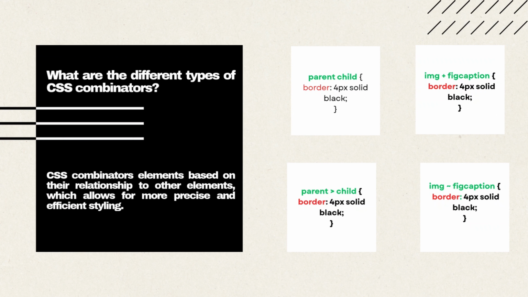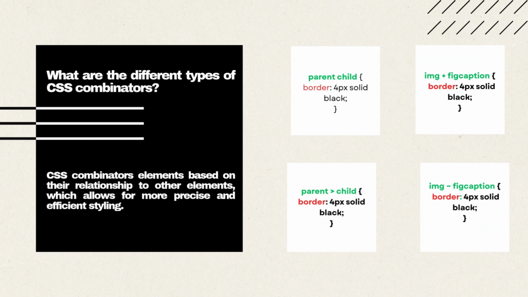So let's say you have a parent container, a div, or let's use a figure element, right? And it's a parent, and inside that figure element, you have your img tag and your figcaption tag, right?